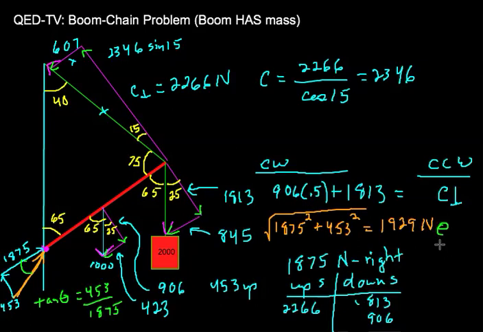So instead of going directly along the boom, I'm going to come up underneath the boom at an angle of about 13.6 degrees. That's how you do a boom chain problem if the boom actually has mass.